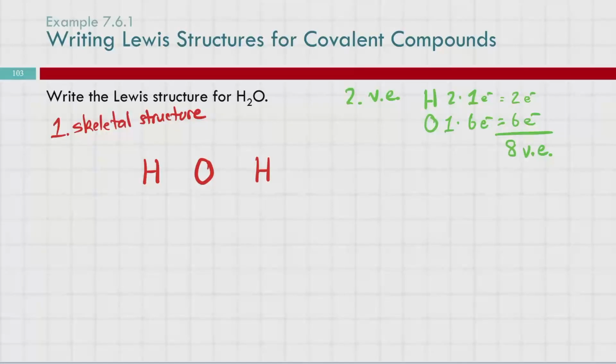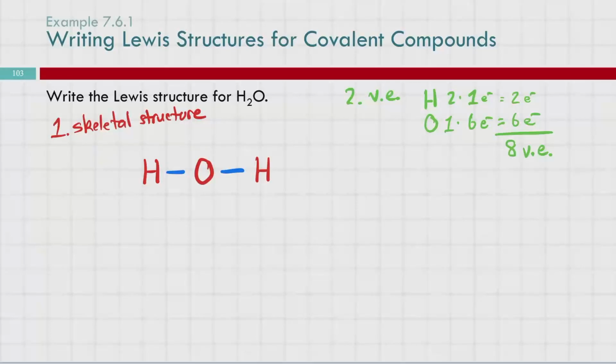Once we've got our valence electrons, in order for this to actually be a molecule, we have to get everything connected. So we need to place some bonds in. Our hydrogens can bond in with our oxygen. How many bonds have we placed? 2 bonds. How many electrons have we placed? 4.